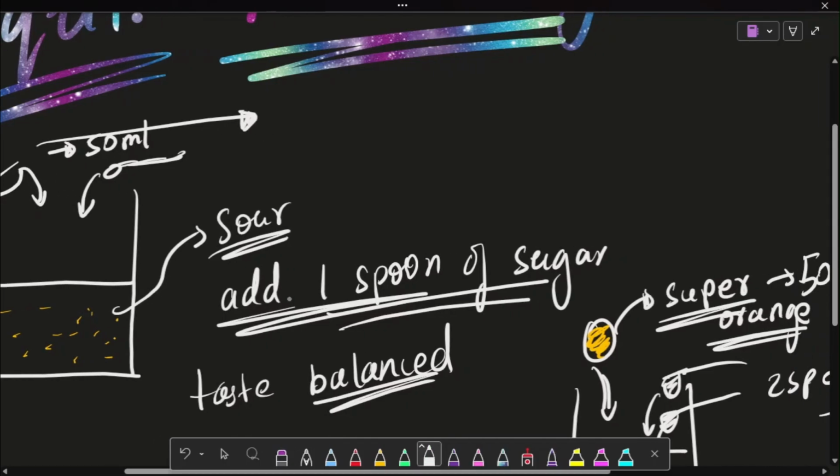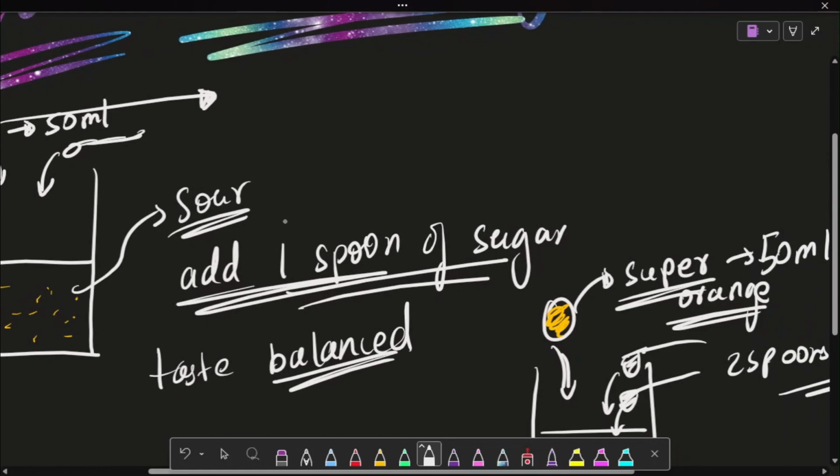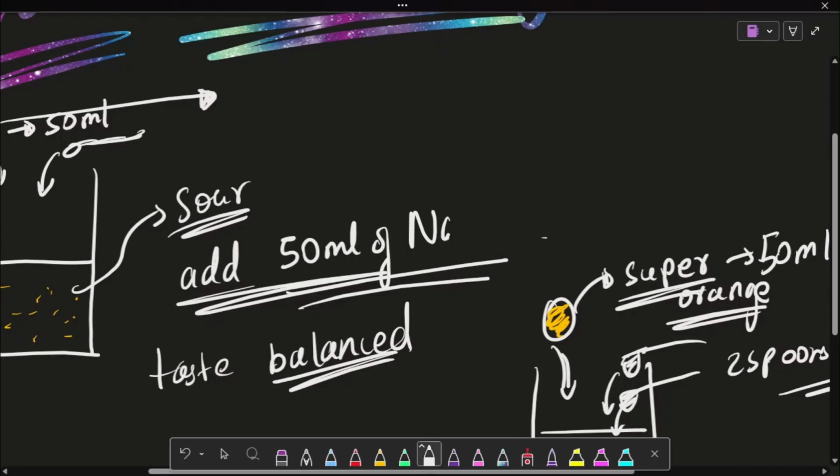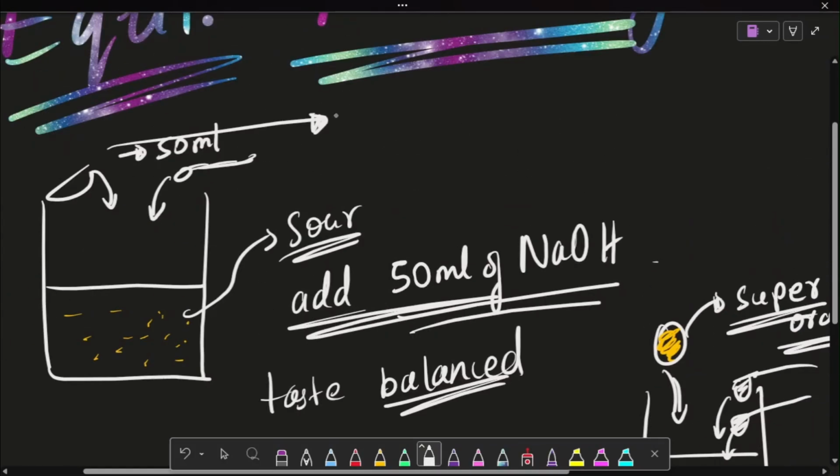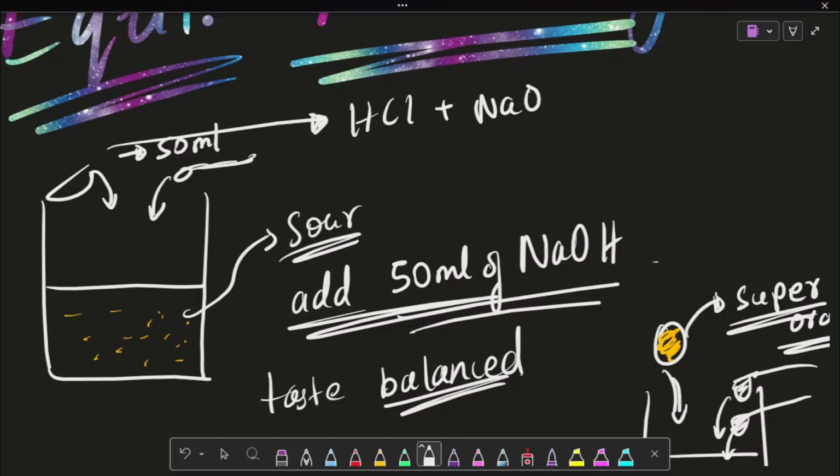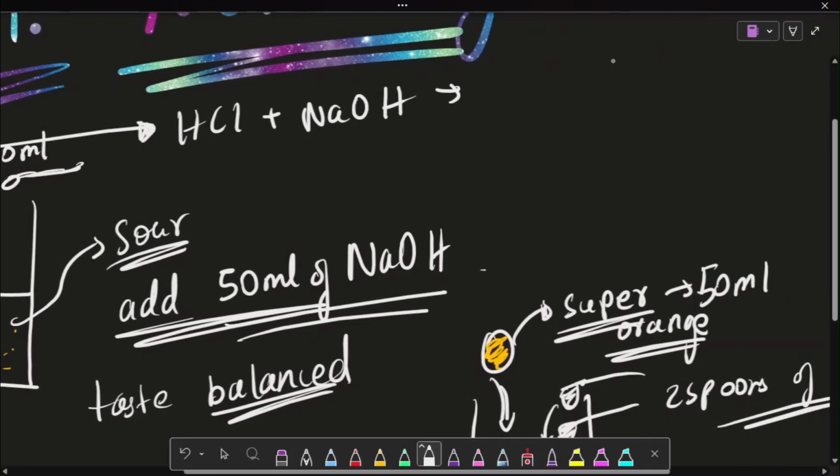We'll just say you add 50 ml of NaOH to completely neutralize it.